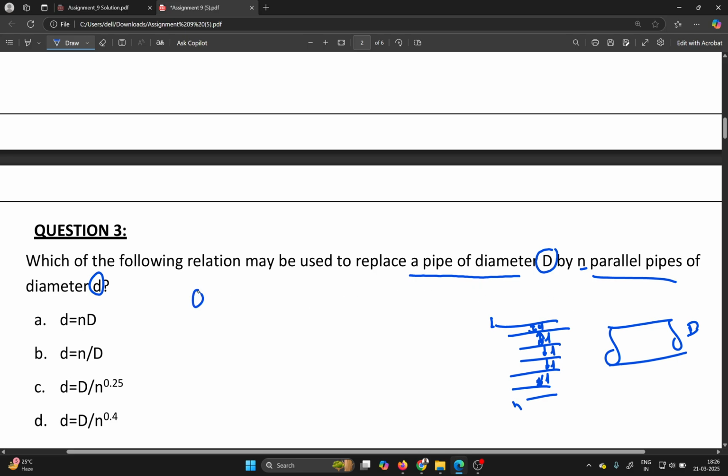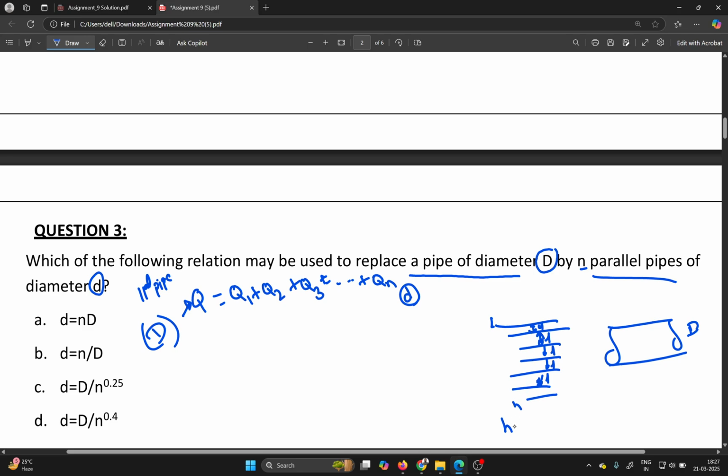What is the relation in a parallel pipe? Discharge will be distributed, which means your total discharge will be equal to the sum of the discharge in each pipe. If you have n pipes, and all pipes have small diameter d, and you need to replace these n pipes of small diameter d with a single pipe of capital D. And head loss you already know.